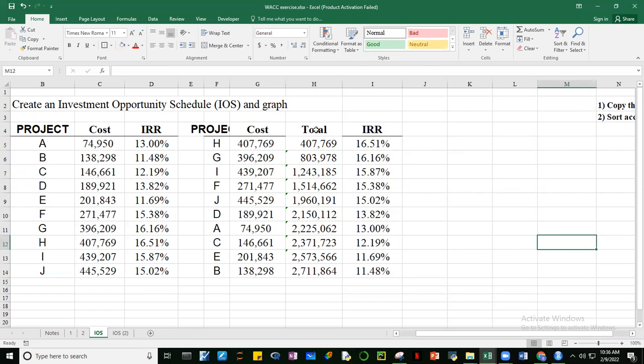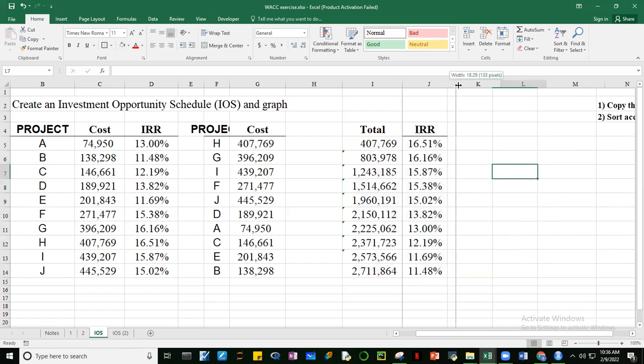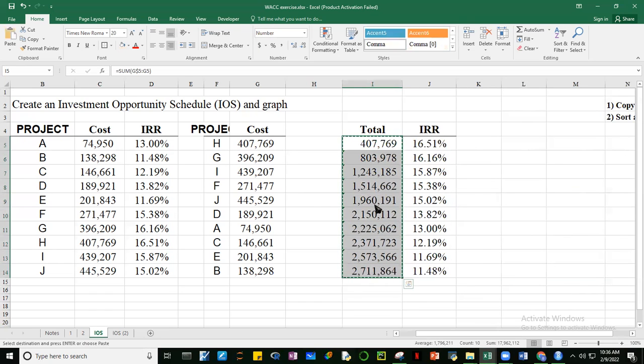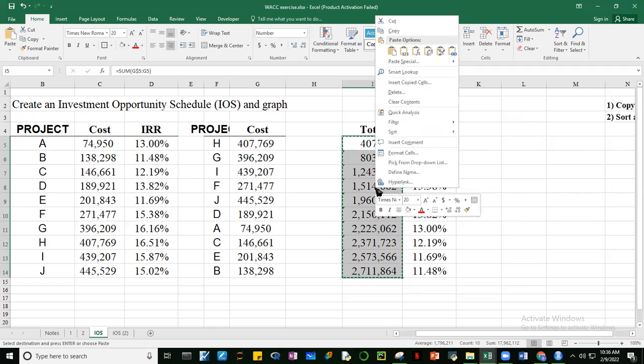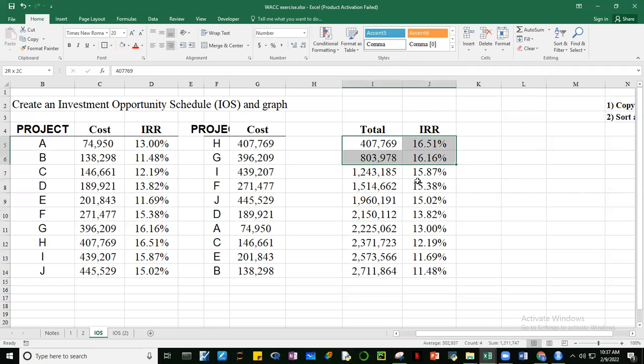Okay, so I will separate this. Ito lang kailangan natin, itong dalawang to, si total at saka si IRR. And then I'm going to Control C. Okay. Paste values. Tatanggalin ko yung formula, guys, kasi i-manipulate natin to.